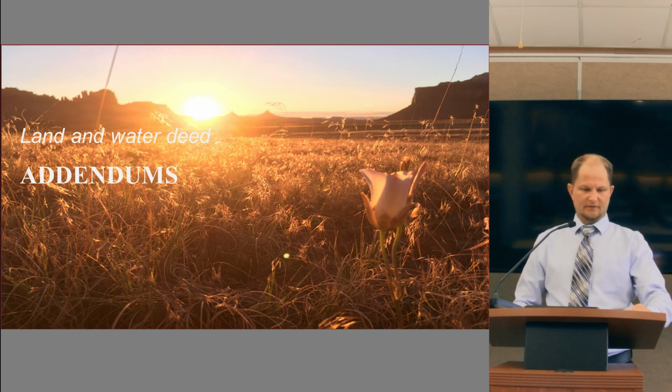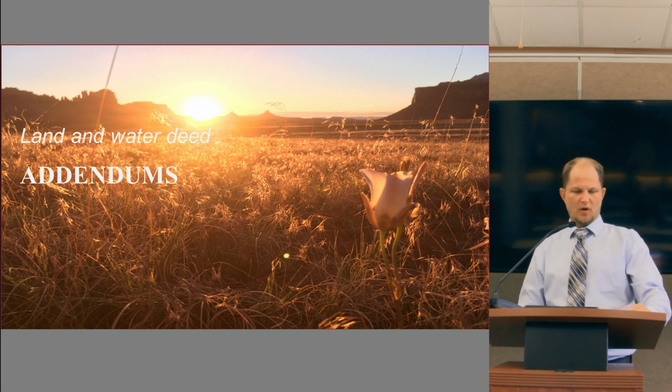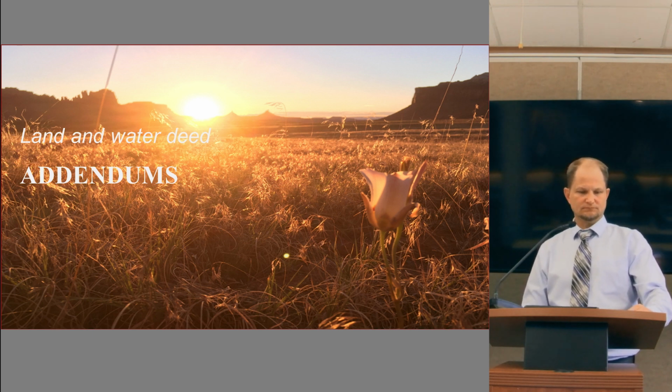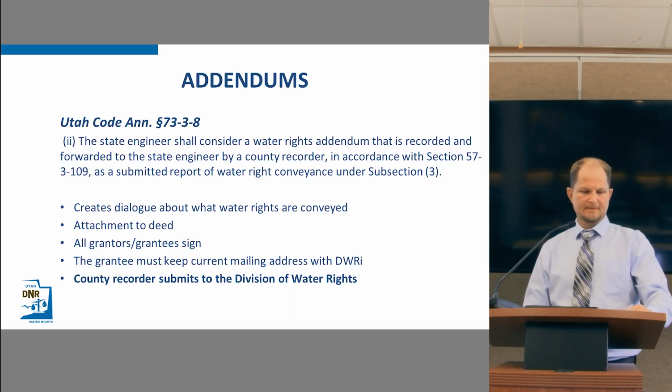Next, let's look at land and water deed addendums. Utah Code 73-3-8 states the state engineer shall consider a water rights addendum that is recorded and forwarded to the state engineer by a county recorder as a submitted report of water right conveyance under subsection 3.